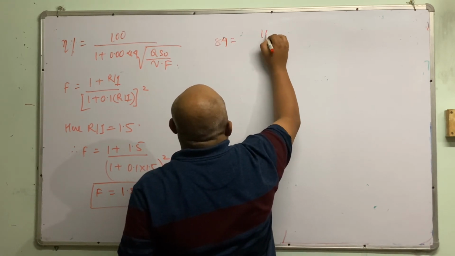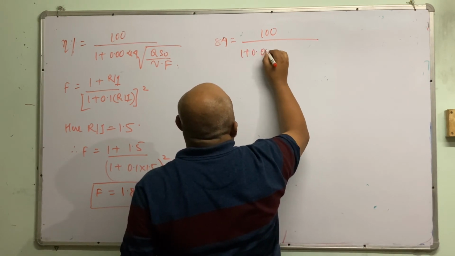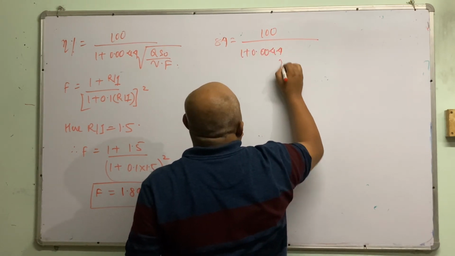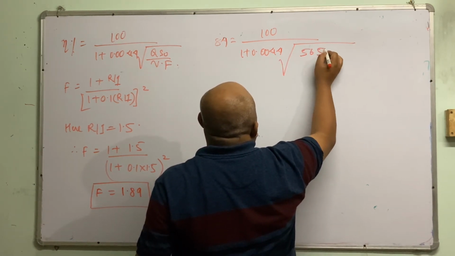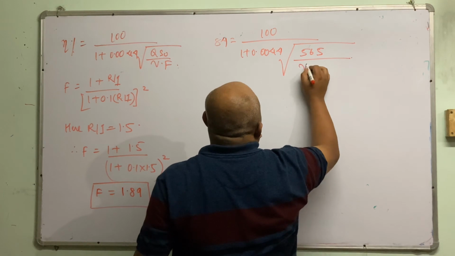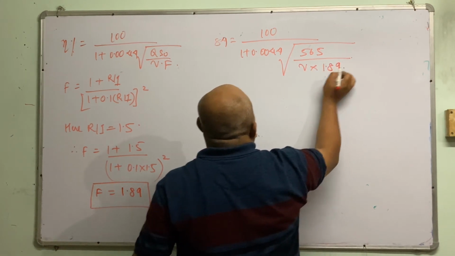84 is equal to 100 divided by 1 plus 0.0044 root over QS naught, I think that is 565, divided by volume into F, where F is 1.89.